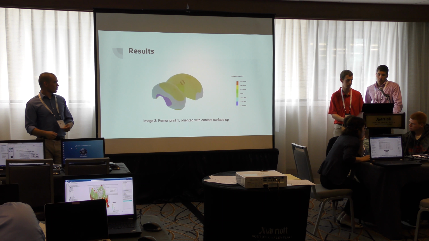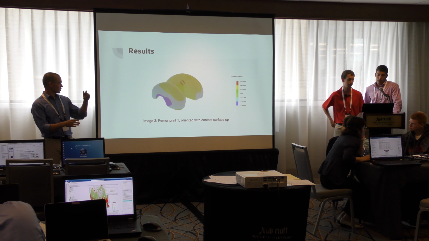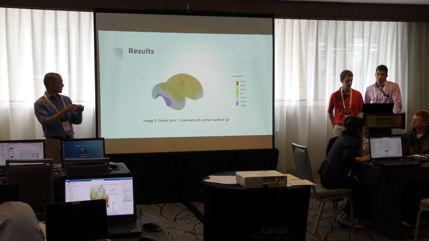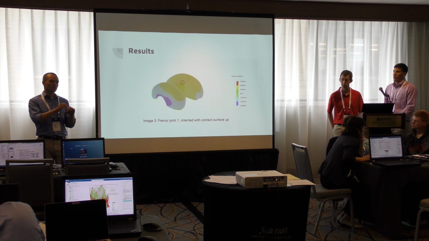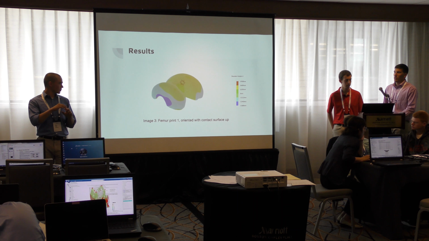This is my femur print, which was the first orientation. The contact surface was facing up, so in this way there would be no support structure on the implant surface, or the knee replacement surface. Where this was contacting the tibia side, it would be a clean surface to touch the other side.